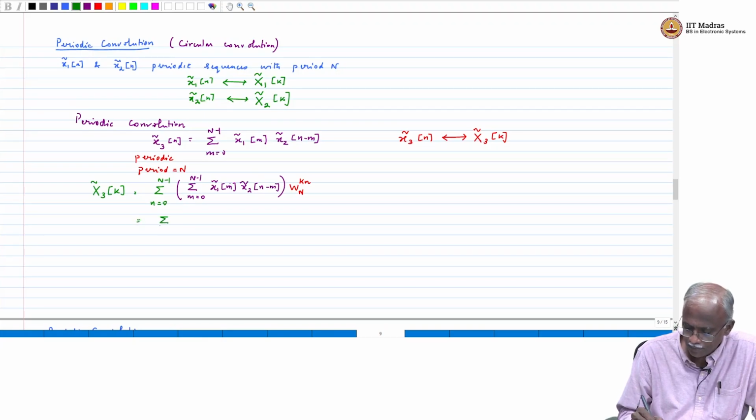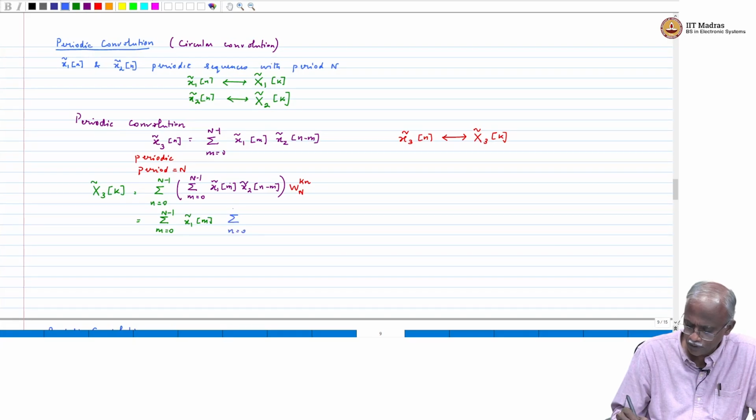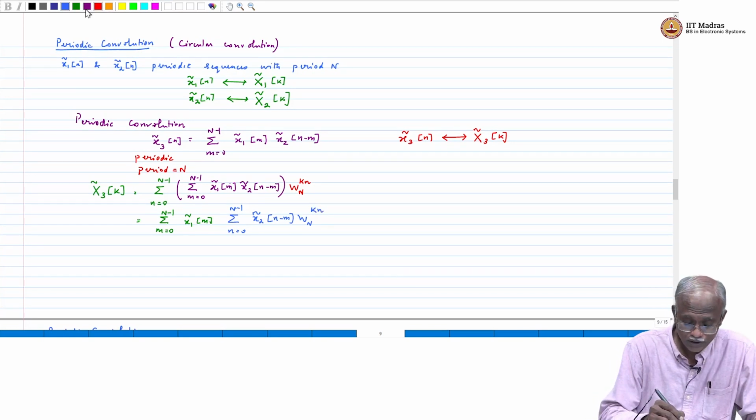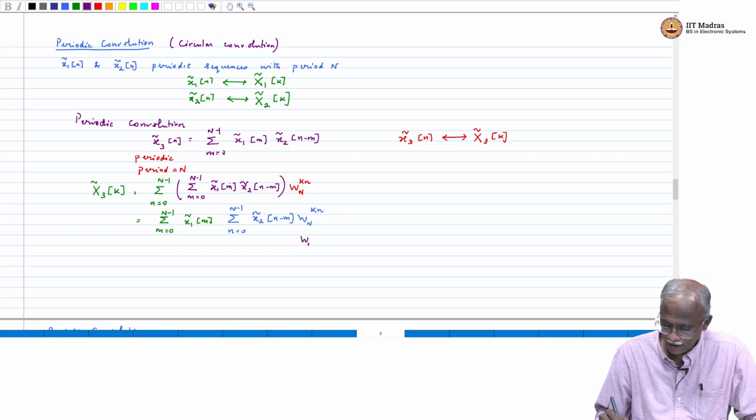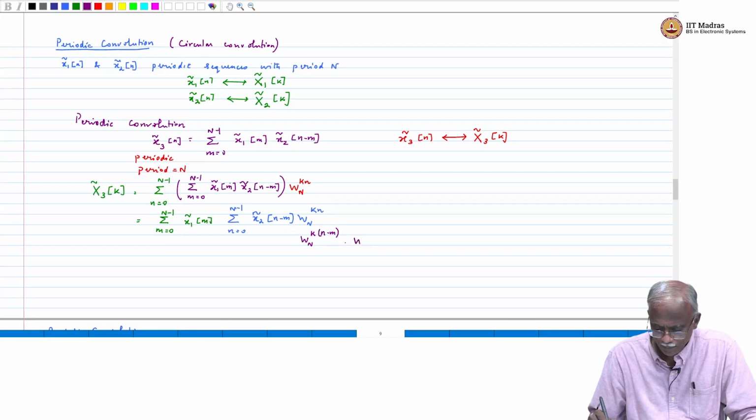So this becomes summation m equal to 0 through N minus 1, x1 tilde of m, and then inside the second summation now is n equal to 0 through N minus 1, x2 tilde of n minus m, W_N to the kn. Okay, I am going to just rewrite this as W_N to the k(n minus m). Because I have introduced a term, I must take it out. So that will be W_N to the km.